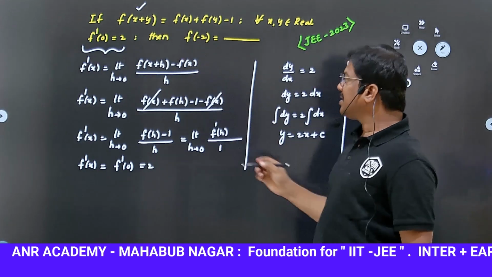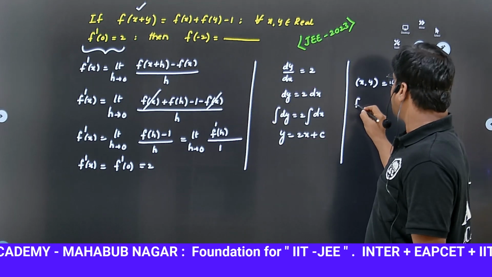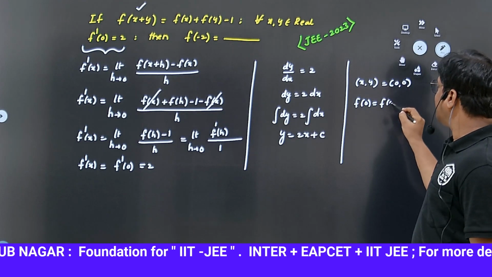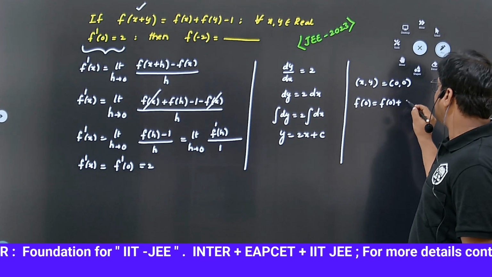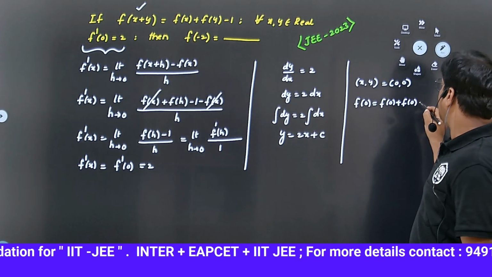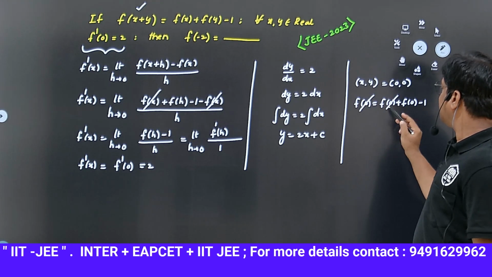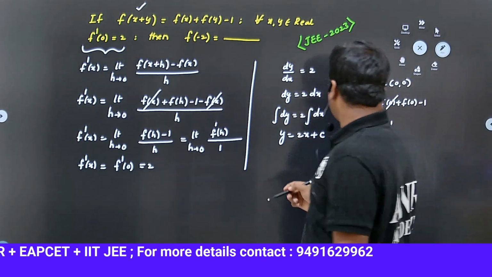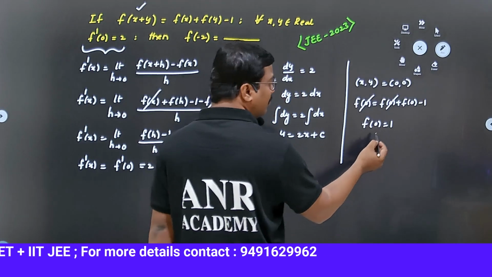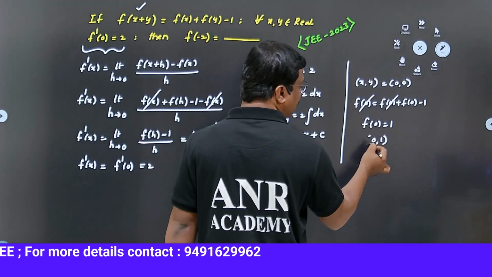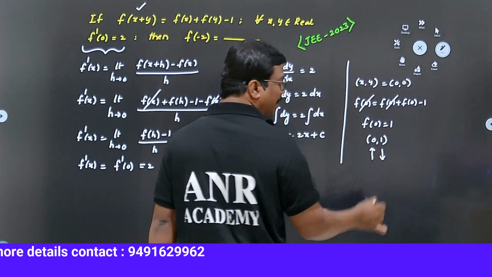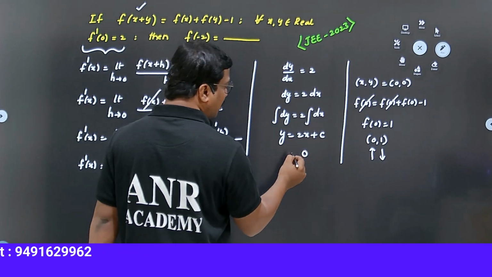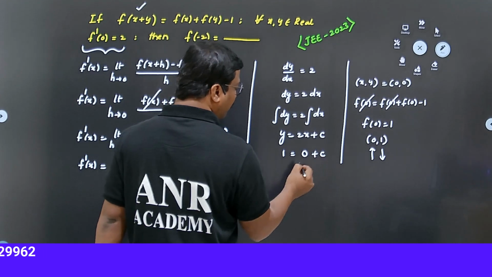Left hand side, if you substitute x, y as 0, f of 0, and in the right hand side what we get? f of 0 plus f of 0 minus 1. f of 0 gets cancelled, f of 0 becomes 1. So clearly the function passes through 0, 1. When you give input 0, output becomes 1. Replace x with 0 and y with 1. Therefore you will get the value of c.